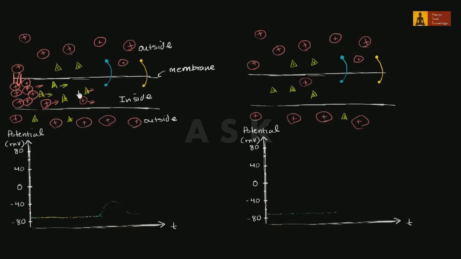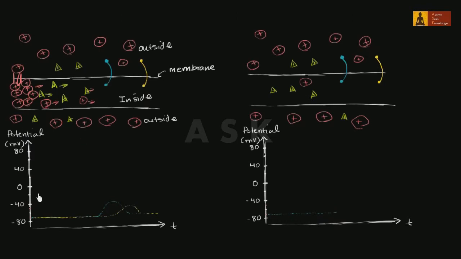And then if we go a little bit further down the neuron, a little more time will pass before you see a voltage increase. But because this is getting spread out across more and more distance, the effect is going to be more limited. You're not going to see as much of a bump in the voltage over here as you saw over here.